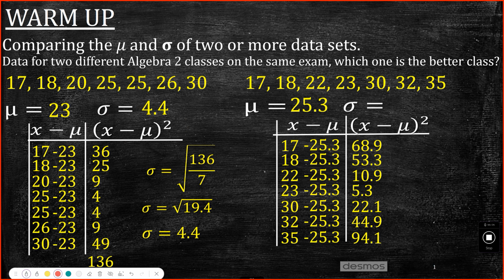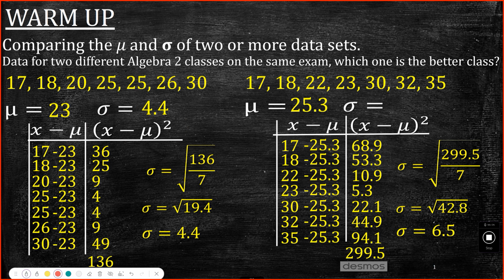What's the answer for them added all up? 299.5. Then what are we gonna do? We're gonna do 299.5 divided by 7, get an answer, square root of that answer. 6.5.